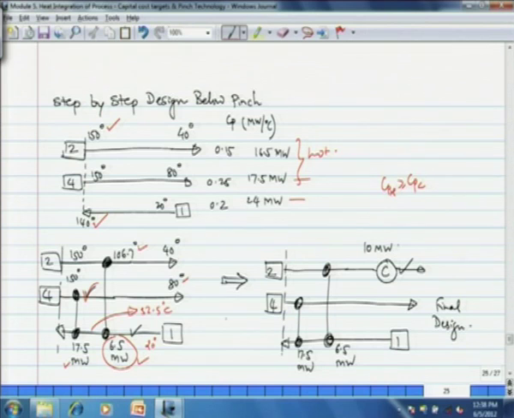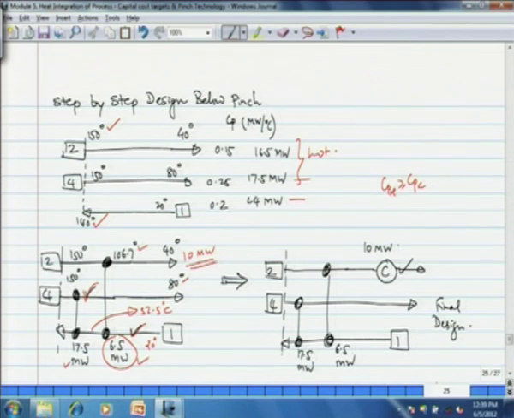And now, we do not have any cold stream left, because there was only one cold stream below pinch region which had a heat requirement of 24 megawatt, which has been met, 17.5 megawatt from stream 4, 6.5 megawatt from stream 2. So, stream 1 is now ticked off. Now, whatever 10 megawatt heat is left with stream 2 can now only be absorbed with cold utility.